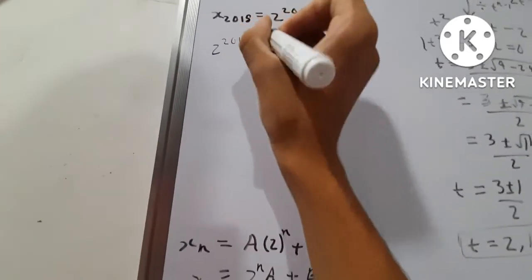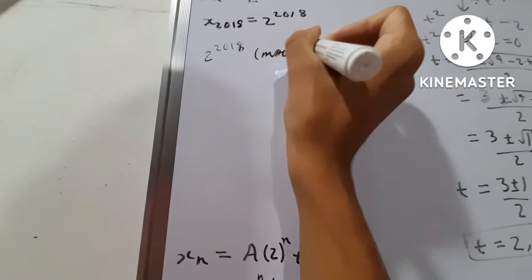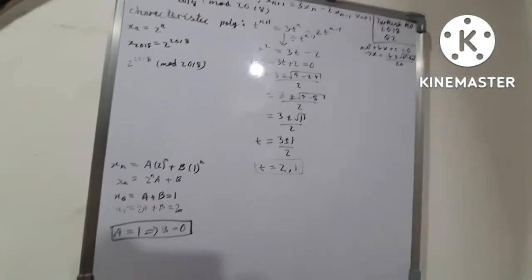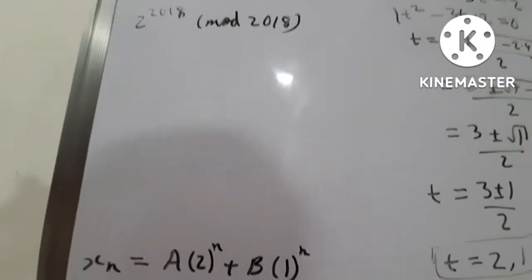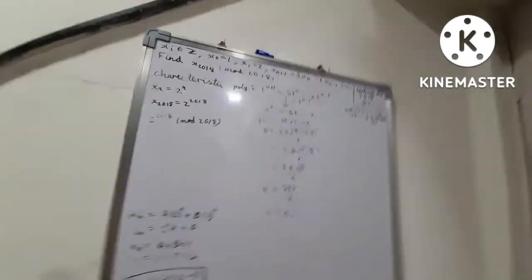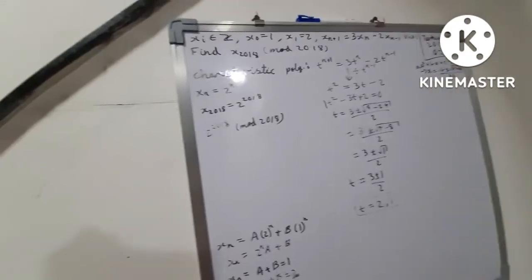Modulo 2018. You have to find the residue, and the least residue may I add. Now this is more number theory oriented, which I really like, by the way. Number theory is one of my favorite subjects in math. It's so cool.